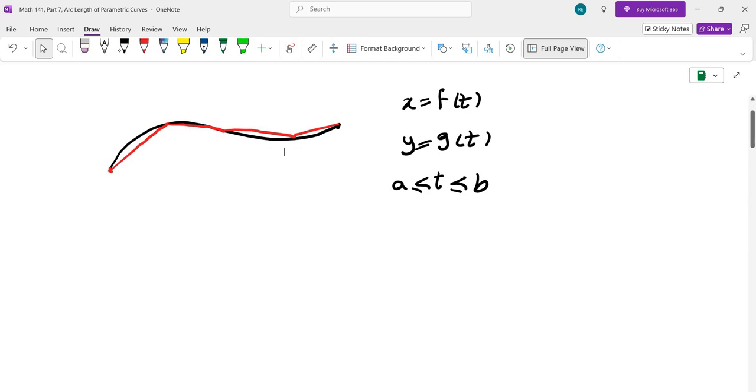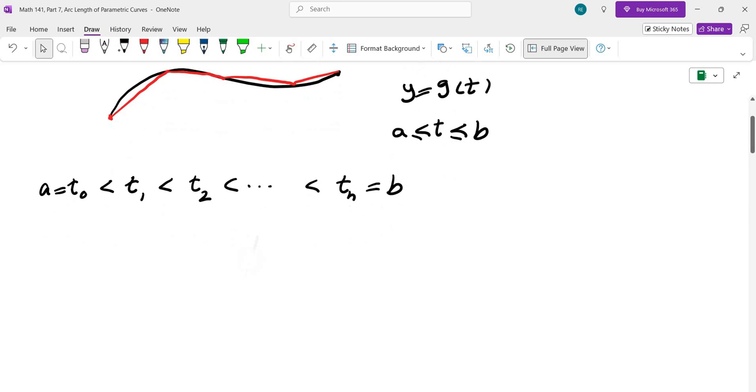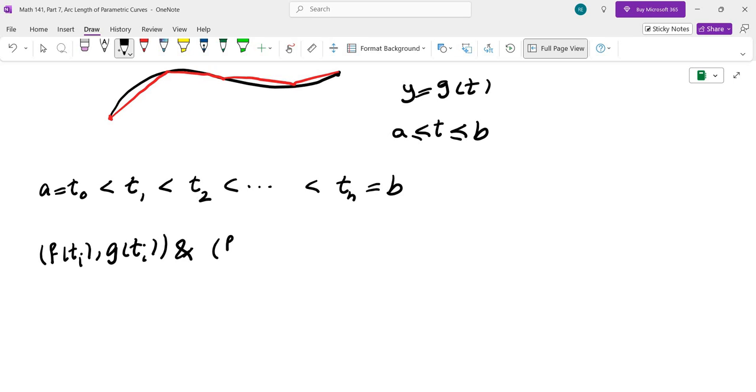So we take this interval from a to b and divide it into subintervals t0, t1, t2, all the way to tn, and then in each of these intervals we take the segment that connects f of ti, g of ti, and f of ti minus 1, g of ti minus 1.